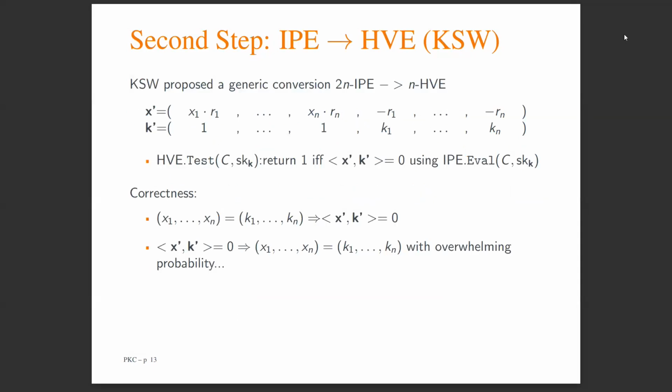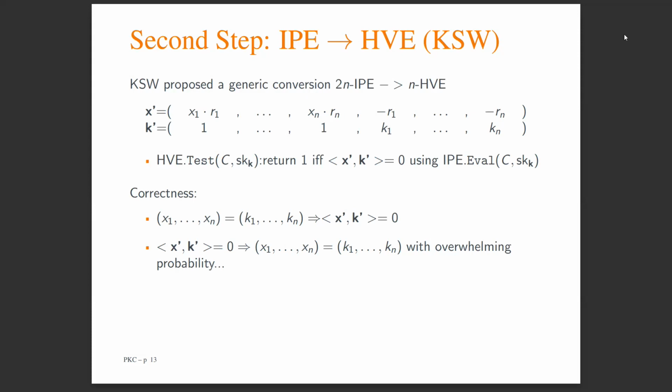And as you can see, the scheme is correct, because if X equals K, then you will have a 0 inner product. I have not described wildcards in this case, but the transformation really adapts to wildcards. And the opposite seems to be true. If we have a 0 inner product, the vectors then should be equal.